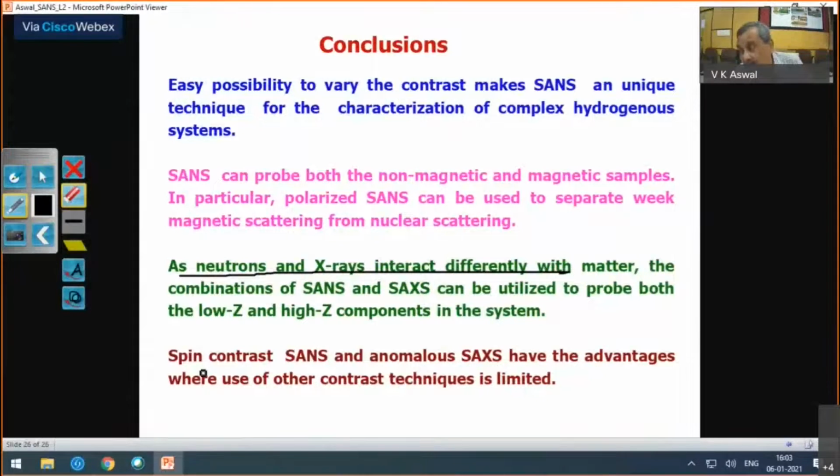So this is away from diffraction which you did for atomic structure. This is also a diffraction technique, but at a much lower angle, at a lower Q value. So quantum mechanically, 2 pi by Q gives you the spatial resolution, which we have intentionally made worse. So you are seeing these conglomerations.